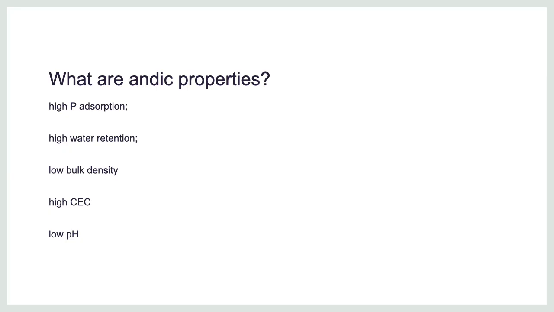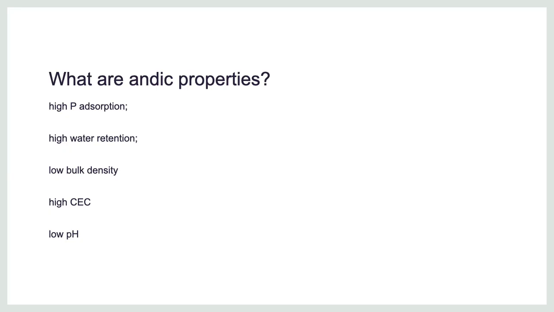Also, something quite important is that these minerals present a very high CEC, a very high cation exchange capacity, so they can absorb anions and cations in very high amounts. I say anions and cations because they could absorb phosphorus and also calcium, magnesium, sodium, potassium in very high amounts.